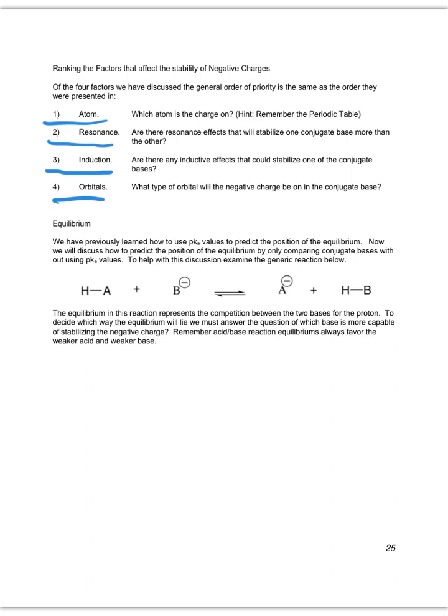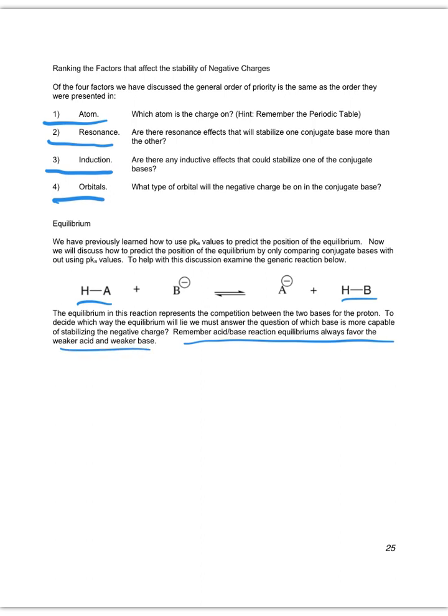So here we have a generic reaction down below, and we're going to talk about the equilibrium and how we tell what the equilibrium is going to be. And we've talked a little bit about this as we've gone along, and it basically comes down to, of the two acids, our starting acid and our product acid, which one is the stronger acid? The stronger acid will force the reaction to go away from it, because in an acid-base reaction we always form the weaker acid and weaker base.